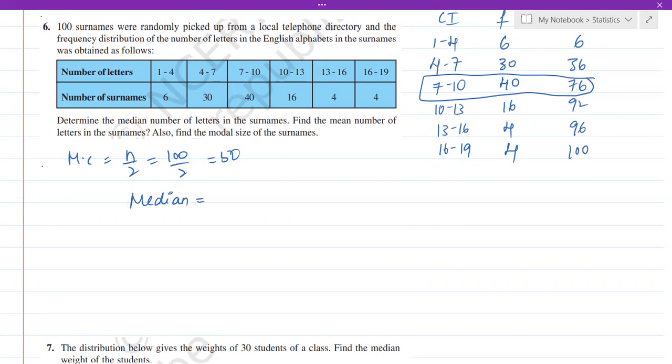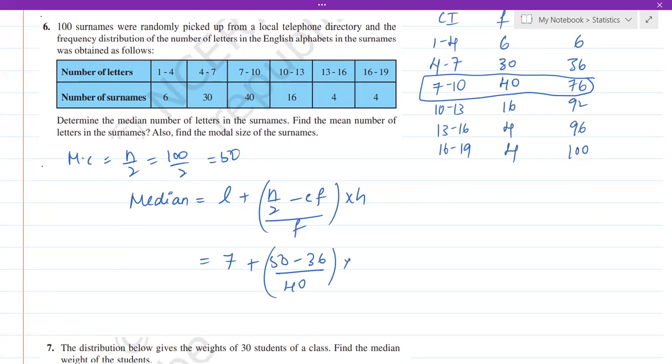So median is equal to L plus n by 2 minus CF by F multiplied by H. What is the value of L? The value of L is 7, n by 2 is 50, CF we have to take the previous one, that is 36, divided by F is 40, and the class size is 3. Let me solve it here. 7 plus 50 minus 36 is 14 by 40 into 3.